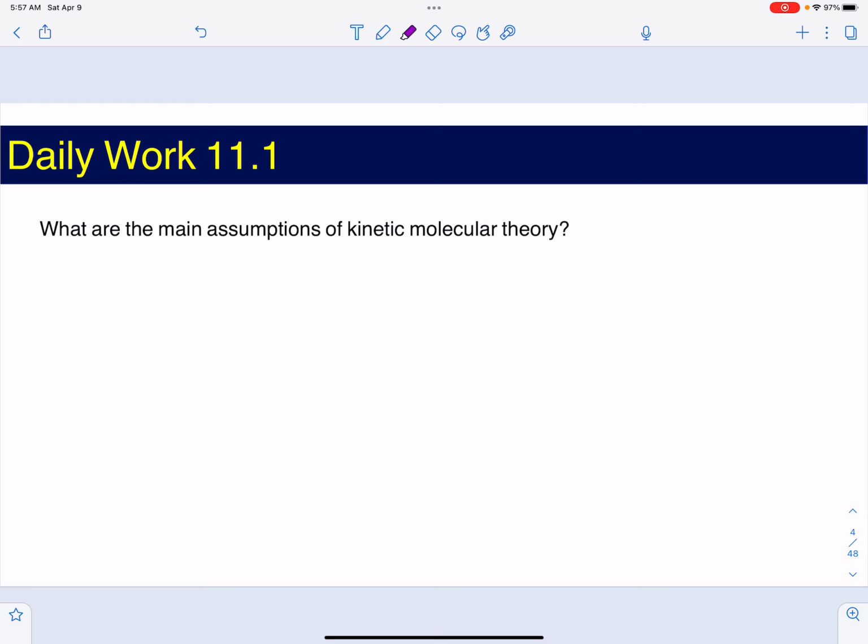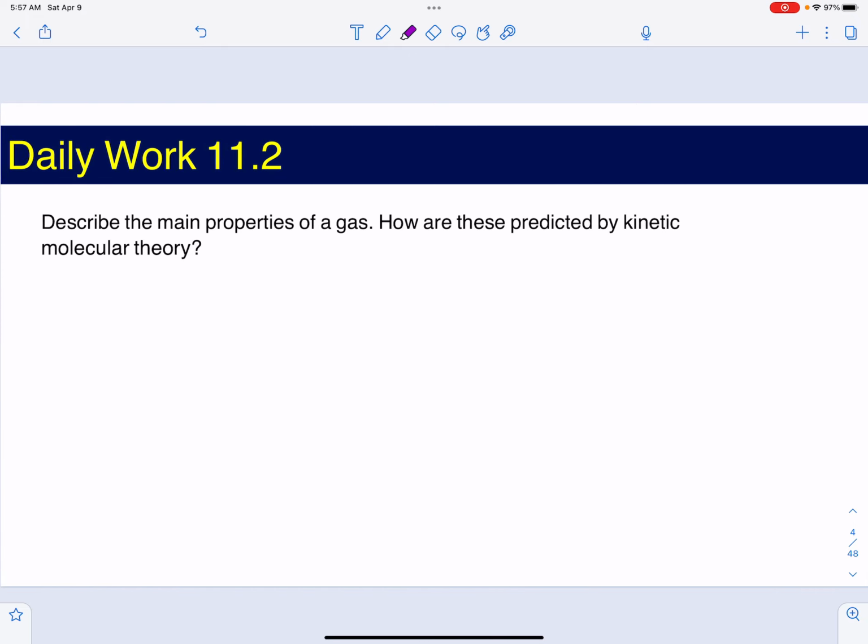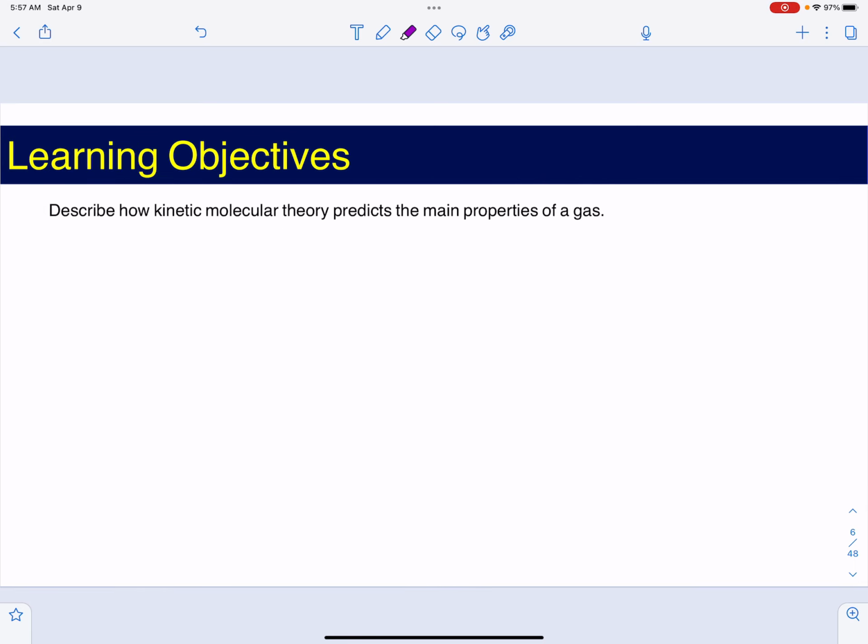So with that information and what you saw in the first lecture, you should be able to answer this daily work. And you should be able to answer this daily work also, because we just did that. And with that, pending more reading on the textbook and practice on Alex, you should have a pretty good understanding of the kinetic molecular theory of gases.